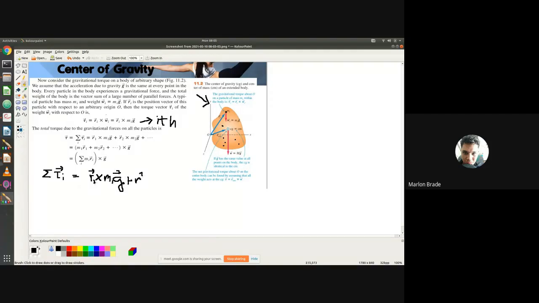R1 is the vector quantity connecting the origin and the position of the first particle, M1. Then R2 vector quantity cross M2 G, plus so on and so forth. So this is the summation, the total torque: the sum of all the torques experienced by all of the particles.